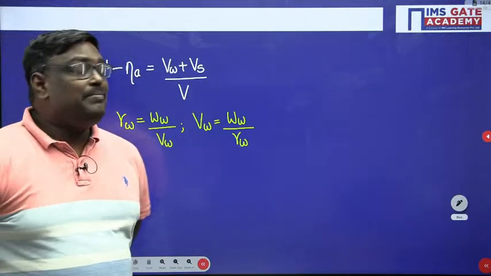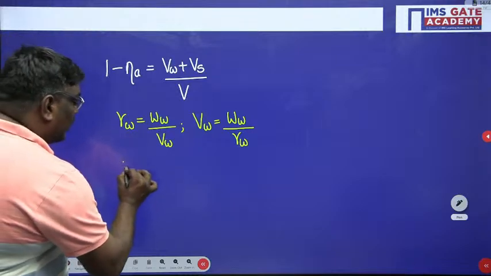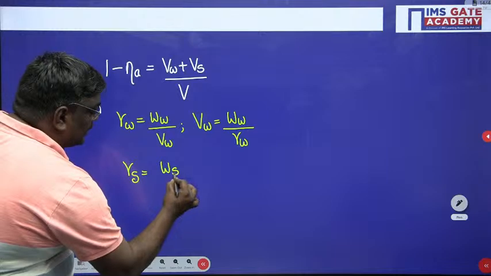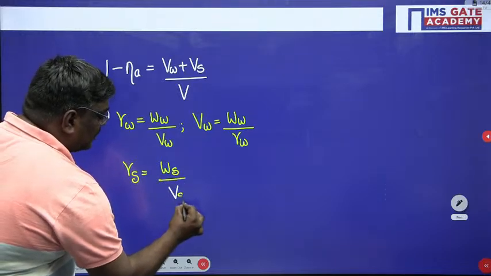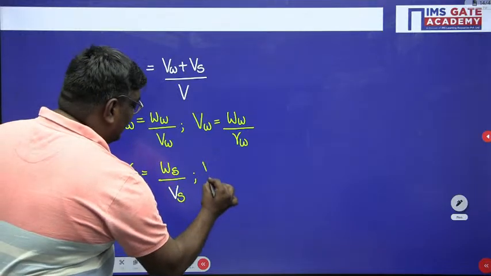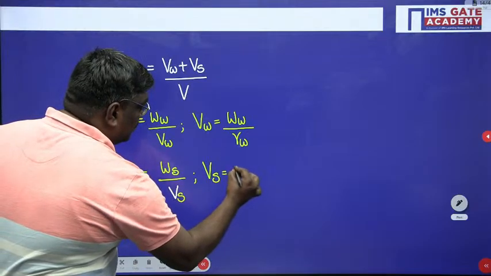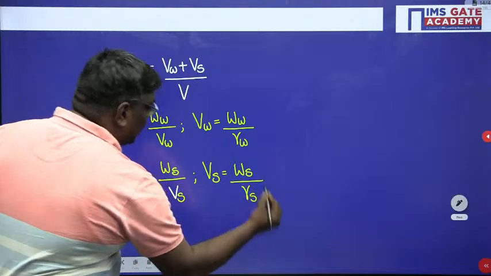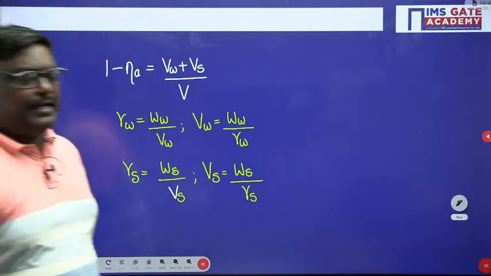Yes or no? Similarly, gamma S can be written as weight of solids upon volume of solids. Here I can write volume of solids is equal to weight of solids upon gamma S. Can I write like this, my dear students?